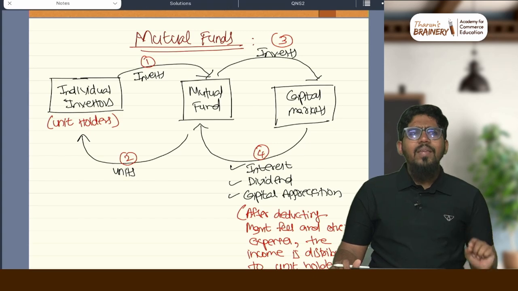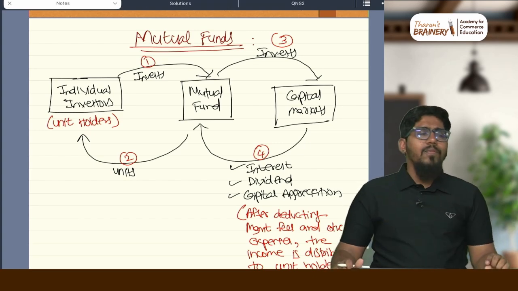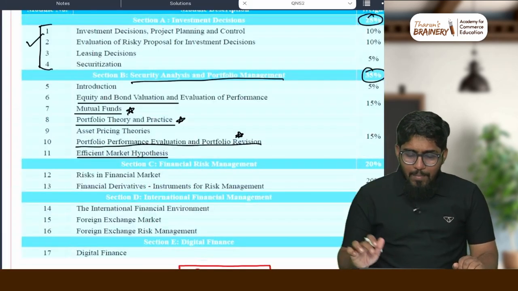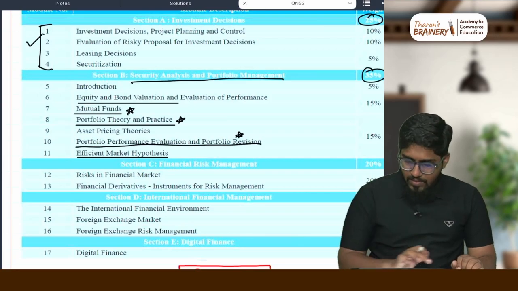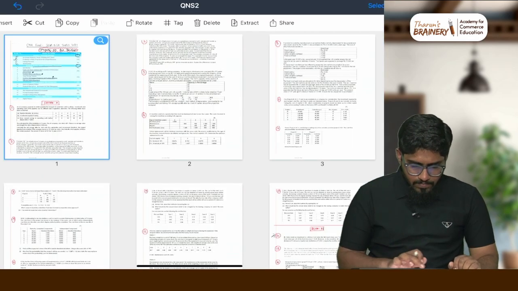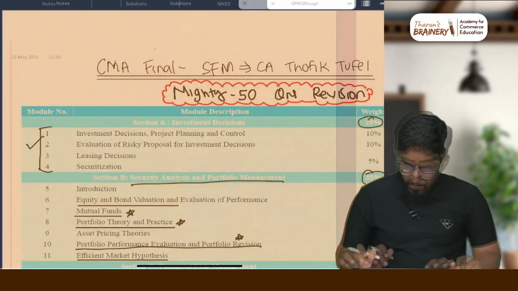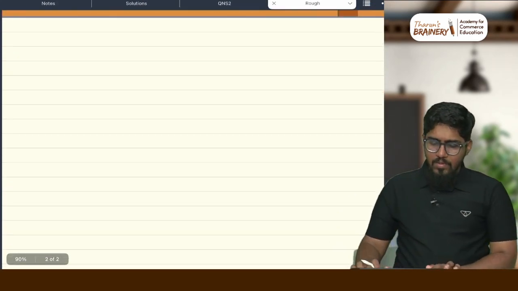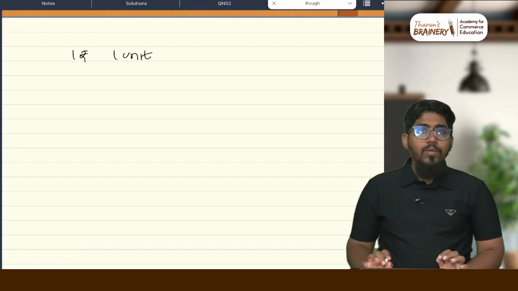Sir, why are we dividing it into units? Because then I can track what the price of the unit was at the time of investment. At the time of investment, my per unit price was 1 rupee. So let me just write it down in the notes. So 1 rupee is equal to 1 unit.